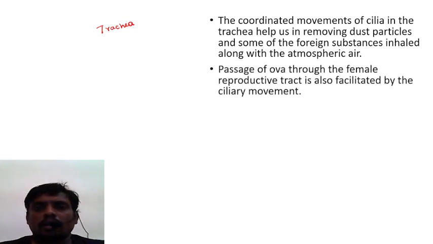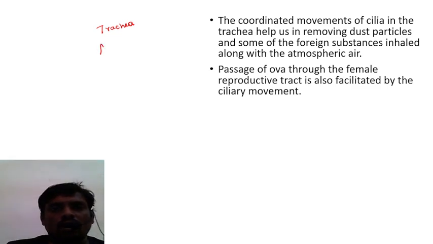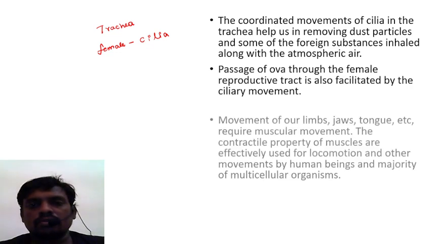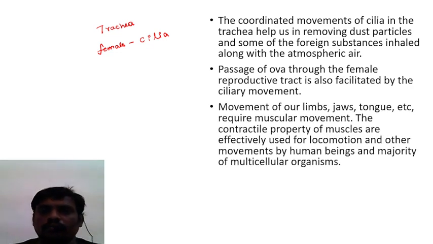Apart from that, the passage of ova in the female reproductive system is lined with cilia, which helps in the movement of certain materials. Movement of our limbs, jaws, tongue, etc. requires muscular movements.